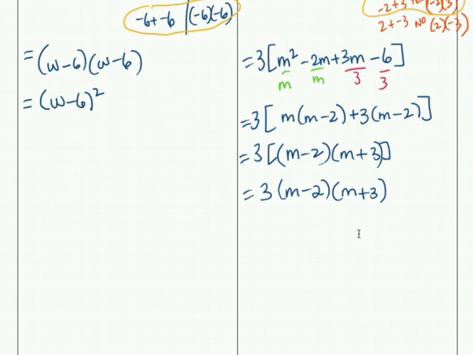For example here, if you didn't find the GCF, you may have gotten an answer like 3m minus 6 times m plus 3. The second one here is factored nicely, but this one here you can still divide a 3 out of both, so it's not considered to be as factored as possible, so you don't get the full marks.